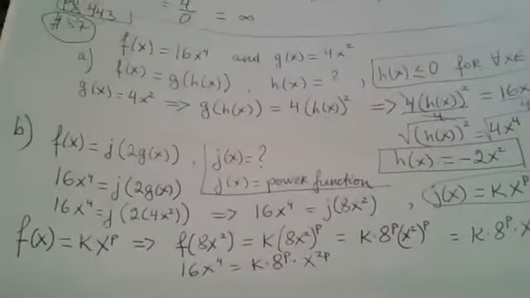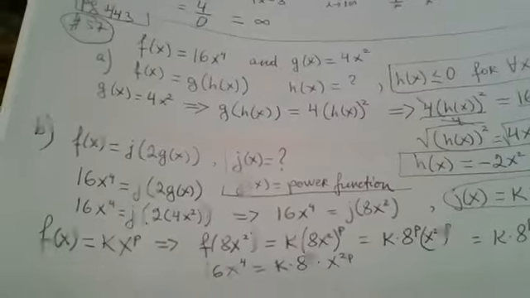Agree? Yes. And now I'm comparing the left side and the right side. What do I have on the left? I have 16 as a coefficient times x to the 4. On the other side, I have k times 8 to the p times x to the 2p as a power.